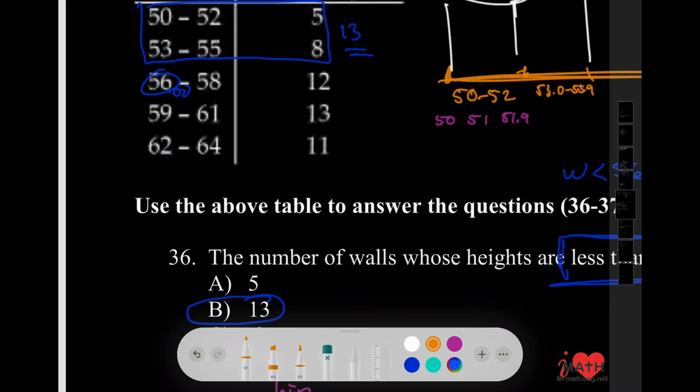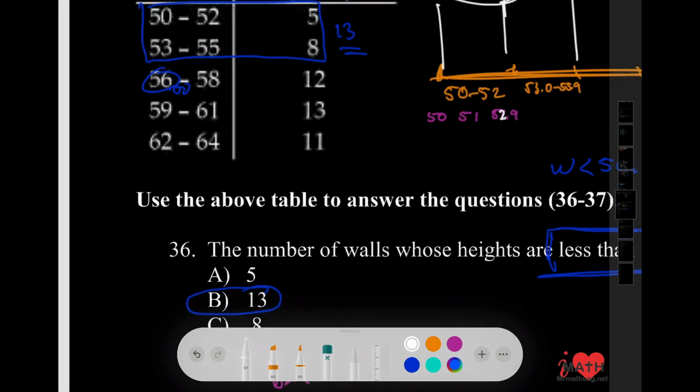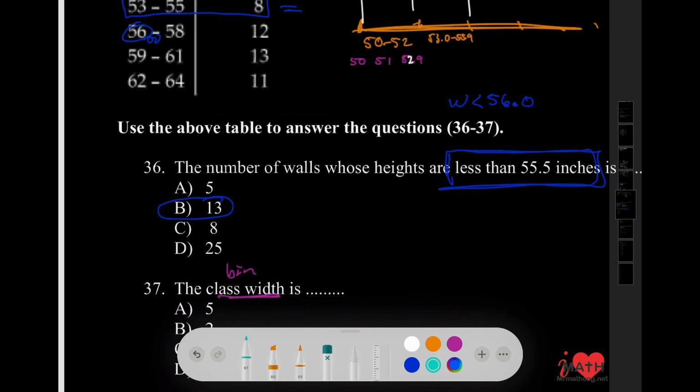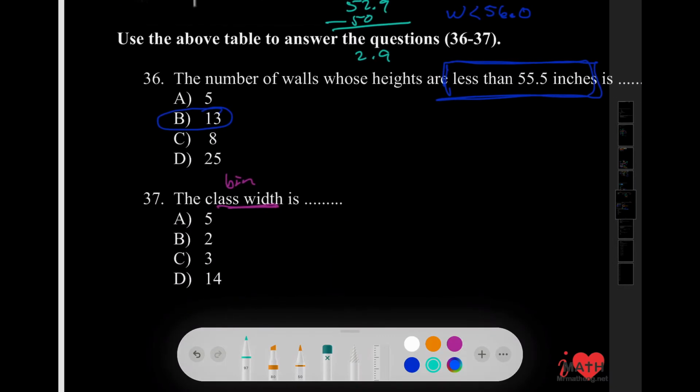So this 50 to 52 here goes up to 52.9. So basically what you would do is subtract these two values. 52.9 minus 50 gives you 2.9. Or if you round up there, you'll get question number 37 to be C, right?